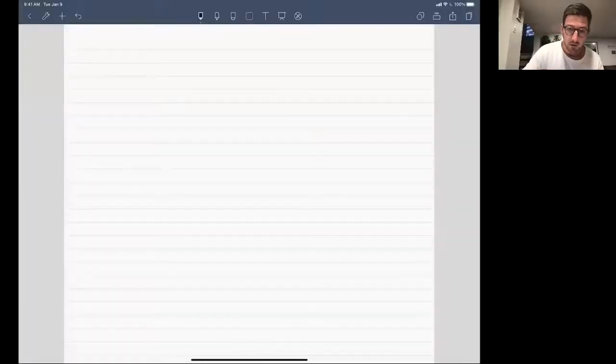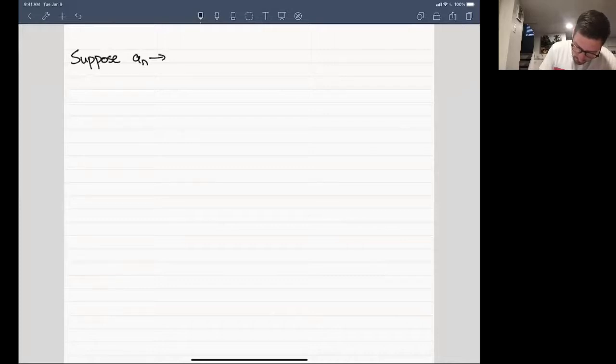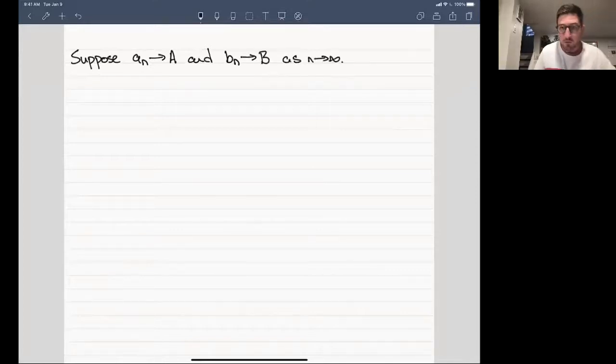So let me start with the basic algebraic properties of convergent sequences. So let's list off some properties. Let's suppose that, say, a_n converges to capital A and b_n converges to capital B as n goes to infinity. So we have two convergent sequences, a_n and b_n.